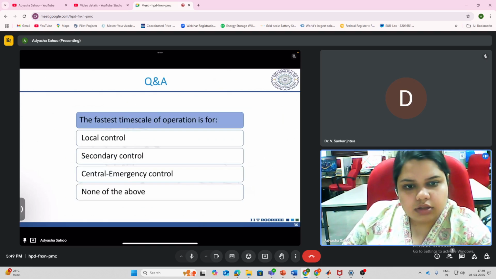Which has the fastest time scale of operation? Local control, secondary control, central emergency control, or none of the above.